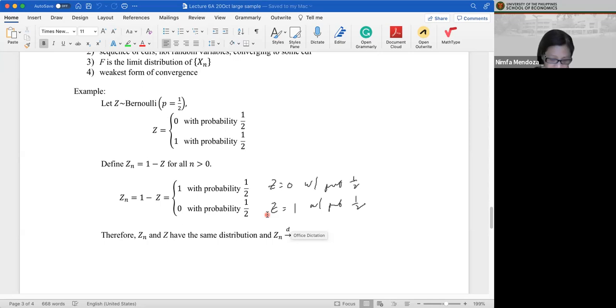But note that Z sub n and Z have the same distribution. They're both Bernoulli with p equal to 1/2.